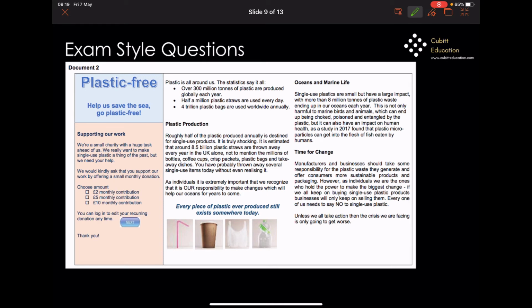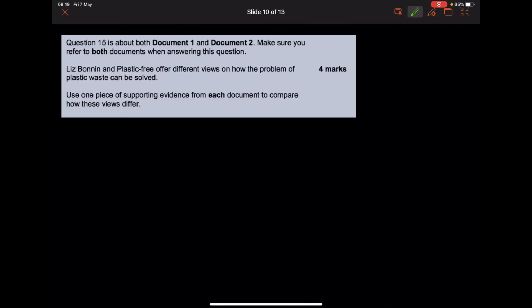So I'm going to read through both texts. Again, you are going to hopefully read through them with me. And then there's a couple of questions to go through. So there's this question here. You've got these written down in your pack.